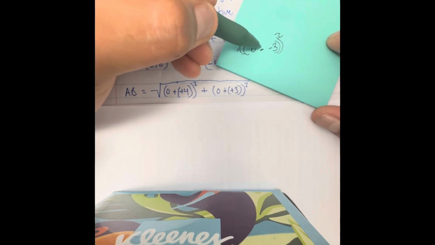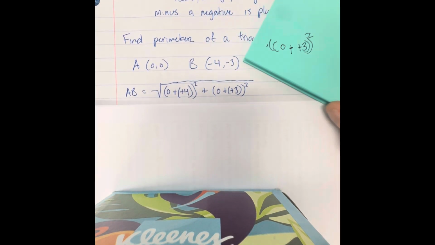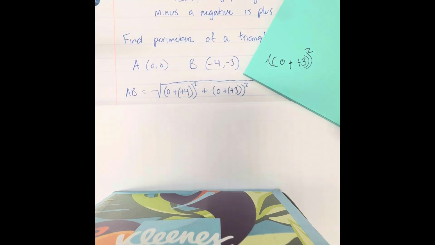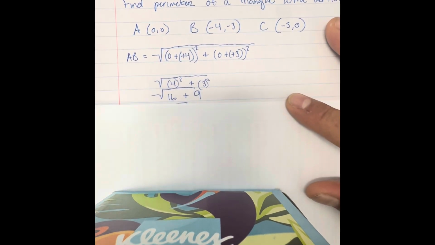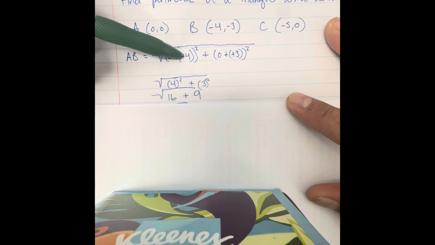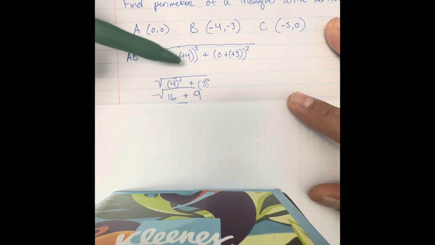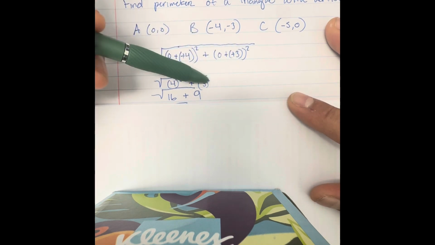Leave, change. So the value of these change because of our rule, and that's how we end up with 0 plus 3 squared. All right, and so now we can move on to our next step. Once we combine 0 plus 4, we have 4. 0 plus 3, we have 3. Don't forget to bring down your squared unit down.